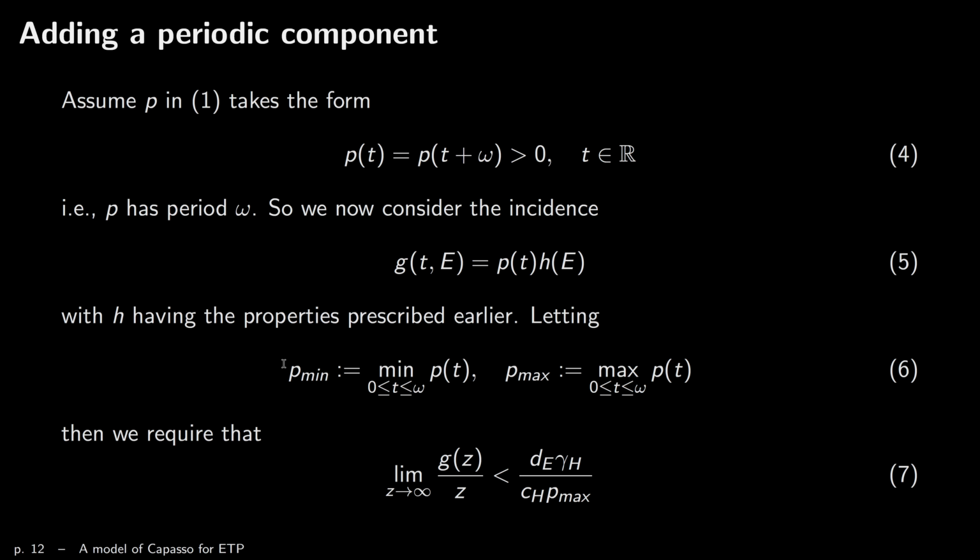And here he's assuming that, well, instead of being a constant, that number could be a periodic function. So that would, for instance, apply if you are looking at a component that is seasonal.